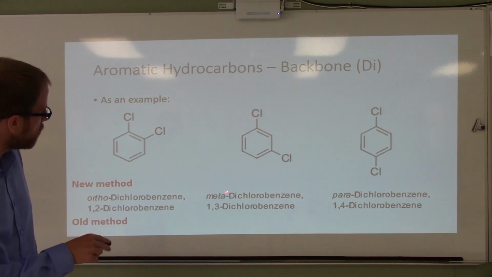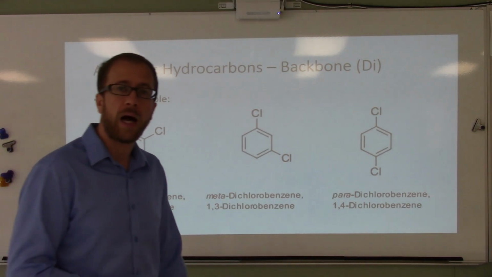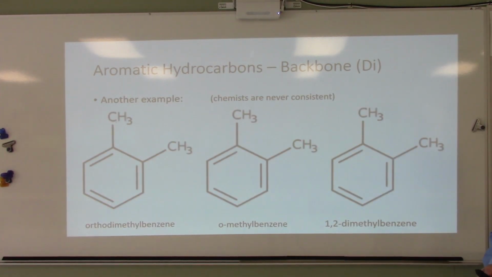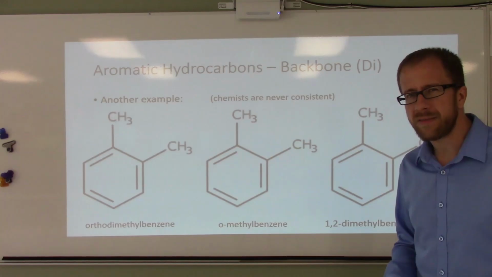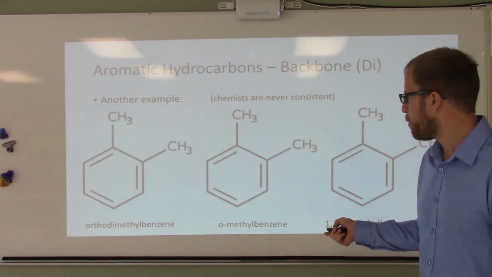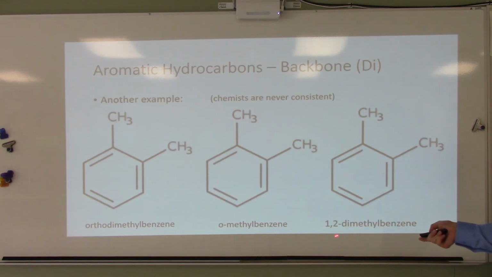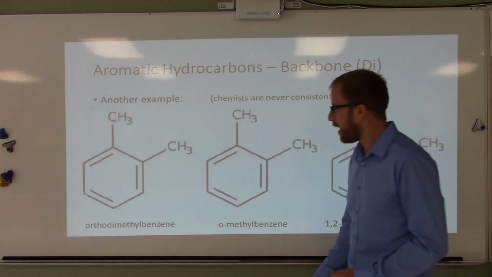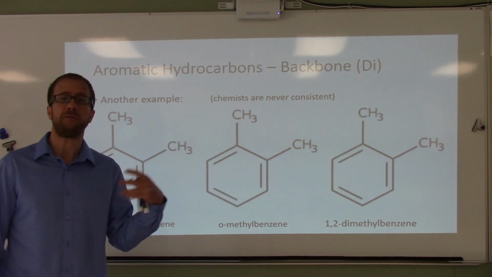I want you to use the specific naming nomenclature for disubstituted benzene rings. Okay, so really, organic chemistry is a little bit messy because this is the preferred method, but technically this isn't wrong, right? This option here isn't wrong, although orthomethylbenzene is the preferred method.